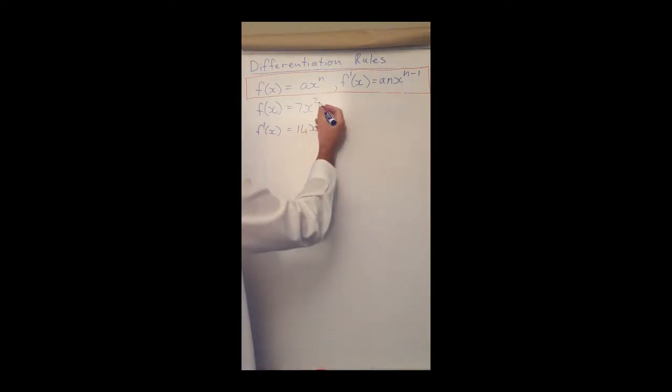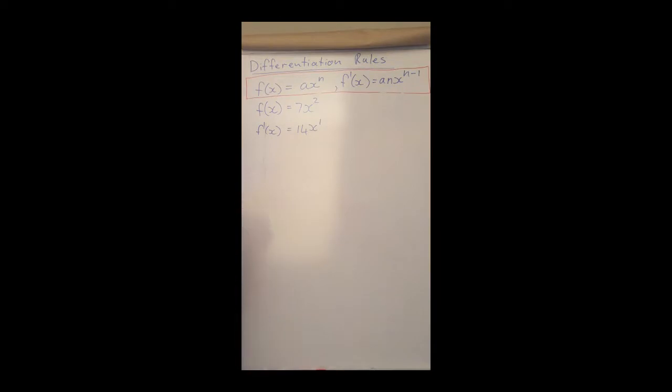Now I subtract 1 from my exponent, and 2 minus 1 is 1. No need to write down the 1, because anything to the power of 1 stays the number itself. So the first derivative of 7x squared is equal to 14x.